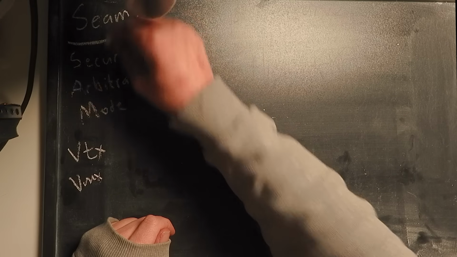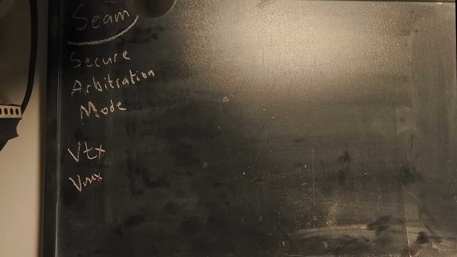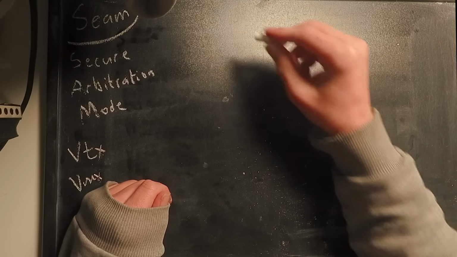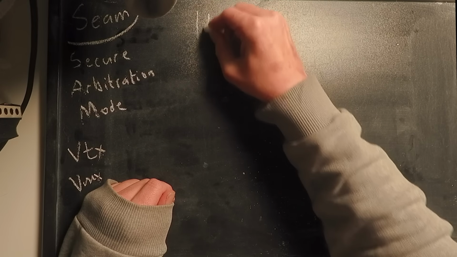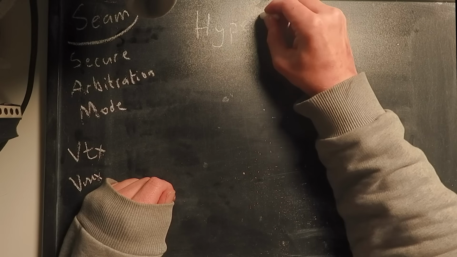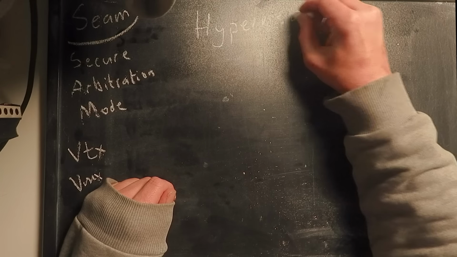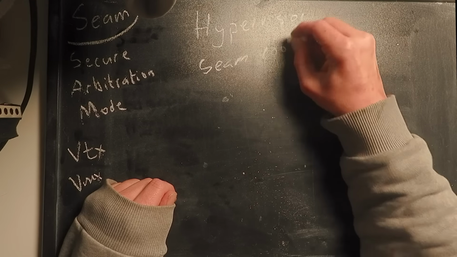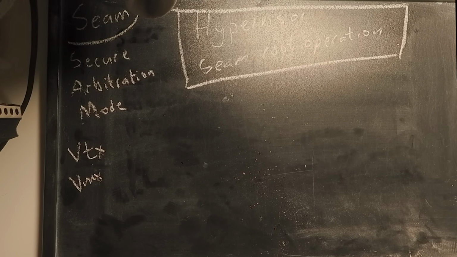And SEAM is based off of this technology, but has some important, very odd differences. So what it does is it's creating a hypervisor, and this hypervisor is called SEAM root operation.